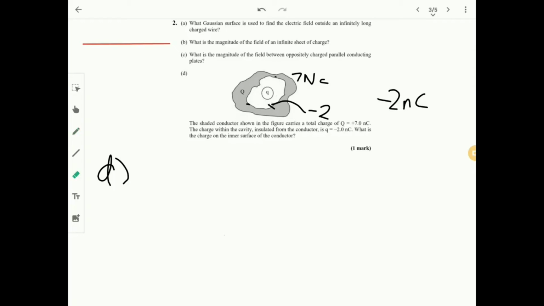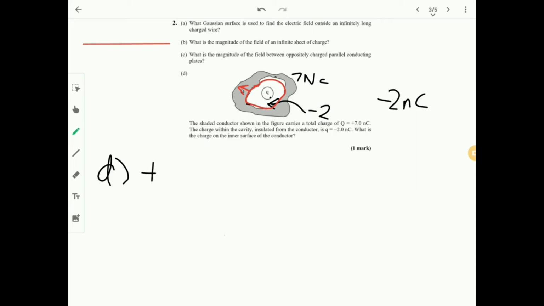Now we have put a minus 2 Q. When you put electrons, won't the electrons here, that I'm going to highlight in red, in this area, be repelled and go on the outside? They will, right? So when electrons are moving, won't the protons be left behind? So any charge that we put in the middle will induce an opposite but equal magnitude charge.